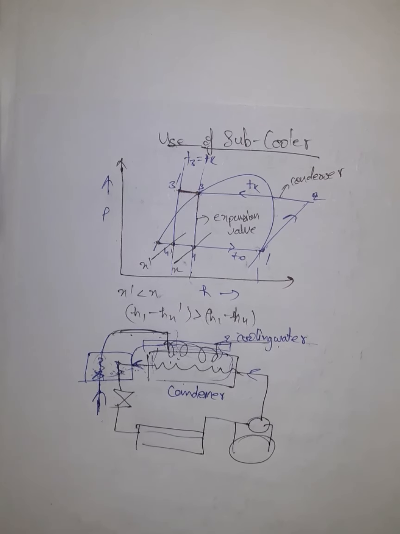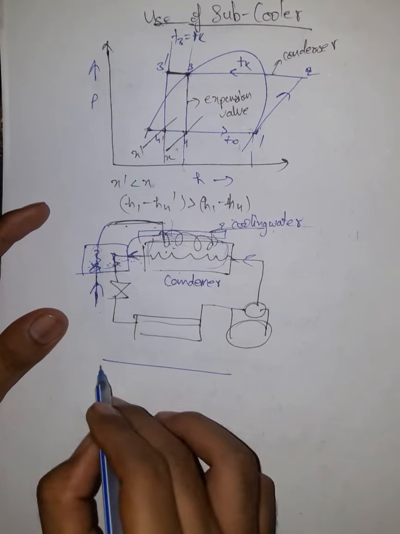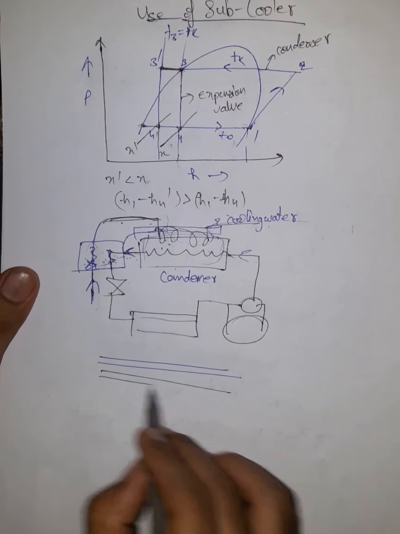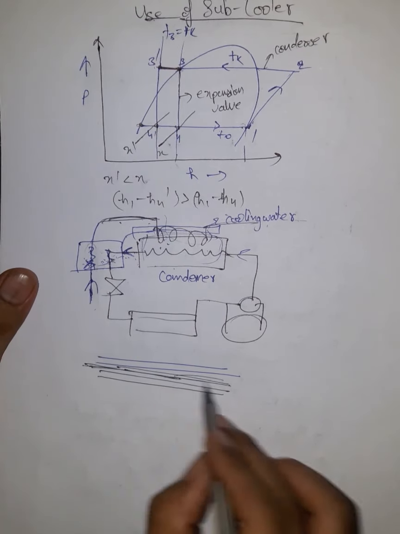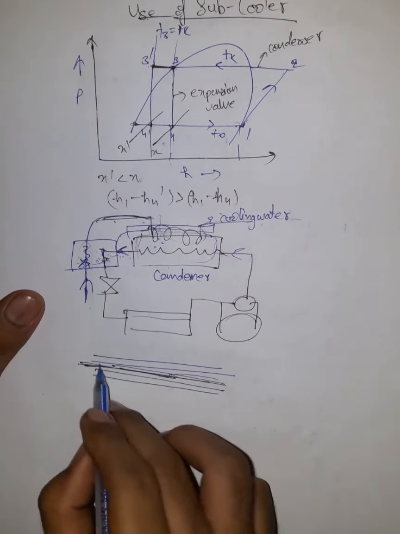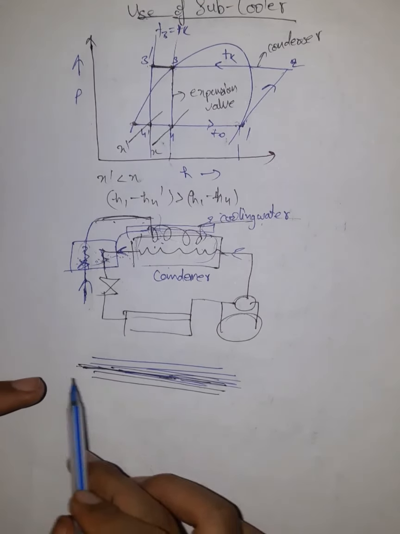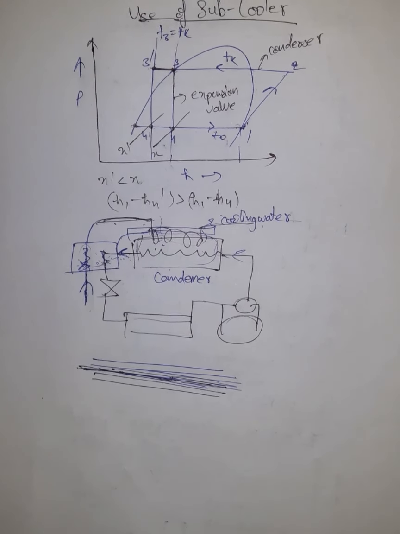Now what can we do to prevent that? Let us say these are the condenser coils, and these are the subcooler coils, and so we can flow the cooling water through them in parallel, to both the condenser and the subcooler. In that case, however, the degree of subcooling will be small.